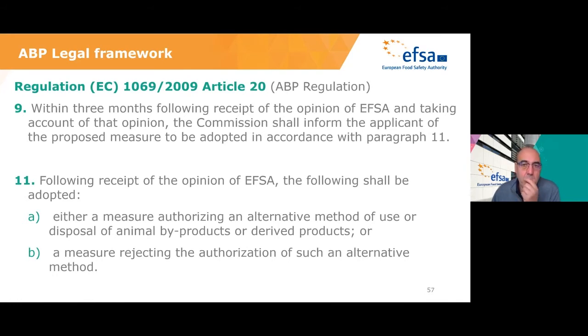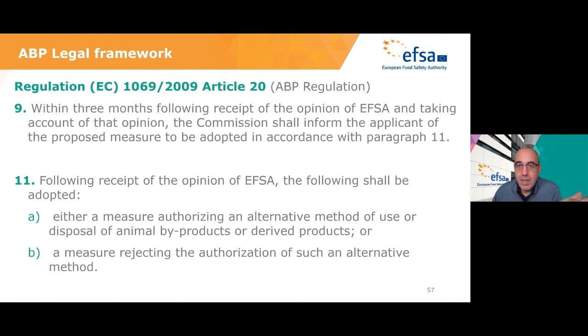It's important to clarify that even if the applicant claims confidential technical parameters of the method, if the Commission authorizes the alternative method, it will be transposed into the legislation, into Annex 4 of Regulation 142, in the section on alternative methods, and the core parameters and core description of the method will appear as a new one.